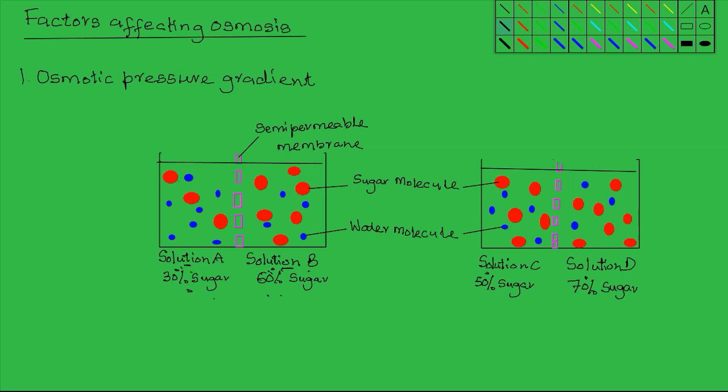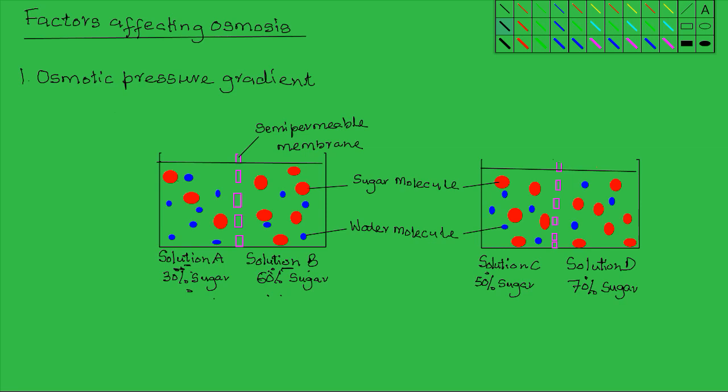Now compare this with this other pair of solutions, solution C and D. Solution C is 50% sugar, while solution D is 70% sugar.